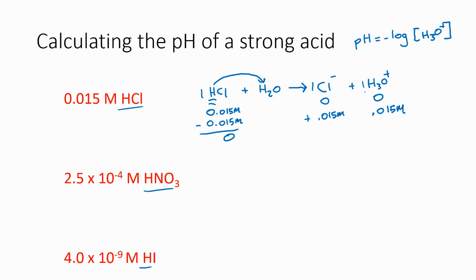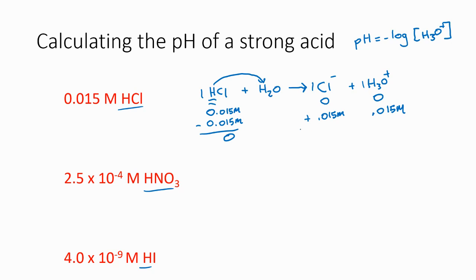Okay, so equivalent amounts of Cl minus and H3O plus are made, and we shouldn't confuse that with meaning that essentially 0.015 molar HCl is dividing into 2 and doubling or anything like that. They're just in a 1-to-1 ratio.